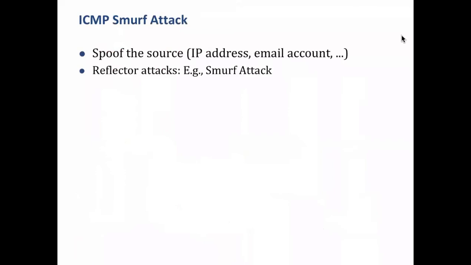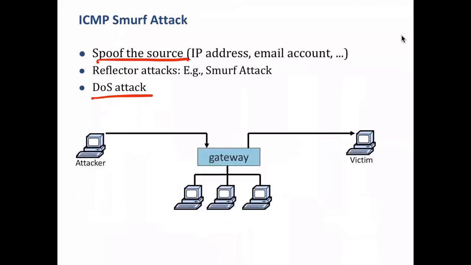Now the attacker of course can do anything he or she likes. The second attack is the ICMP smurf attack, where you spoof the source address and then cause a denial of service attack. For example, here you're the attacker.